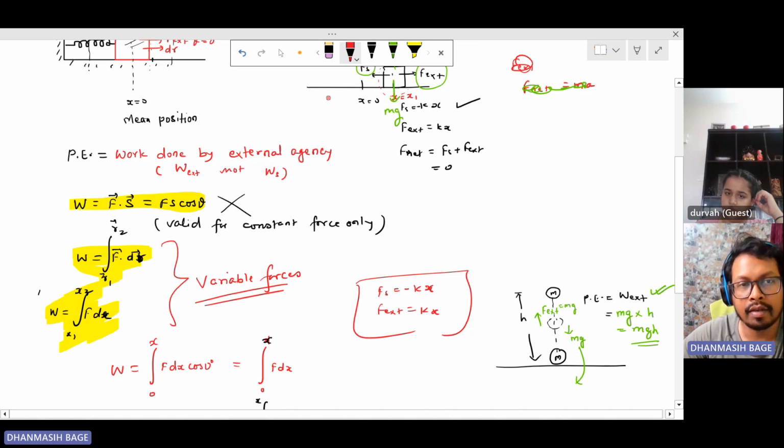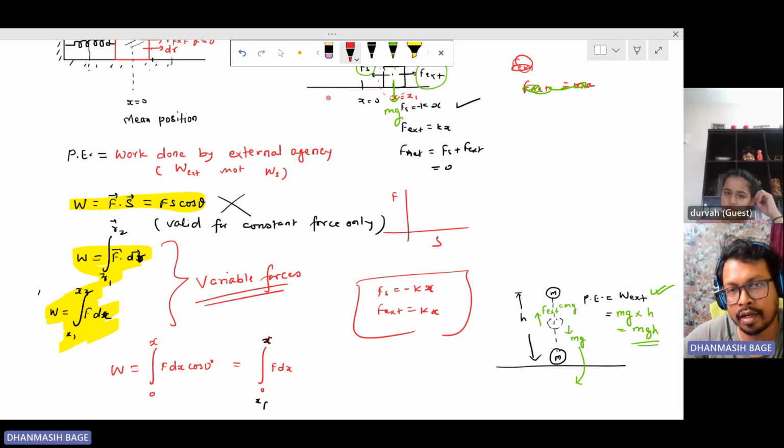For this case, the force is constant. If you plot the graph of force versus displacement, the force is always constant. So you're finding out the area like this. Very simple. Force into displacement, length into breadth. That's it.